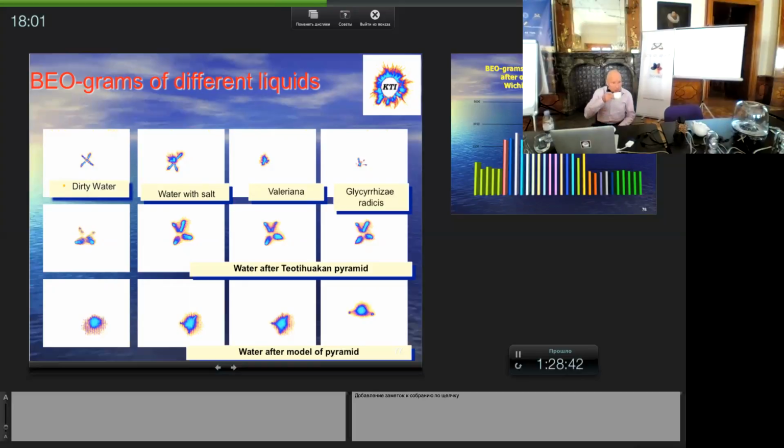Very similar. And then in the lower range, you see the signal of water after a model of a pyramid. And it's very funny that water transformed to a triangle. So it's again a very interesting result. And of course, there's a statistical difference between the water signal initially and after the pyramid. We always have two samples, one under the model of the pyramid, another outside, and it's a big statistical difference.